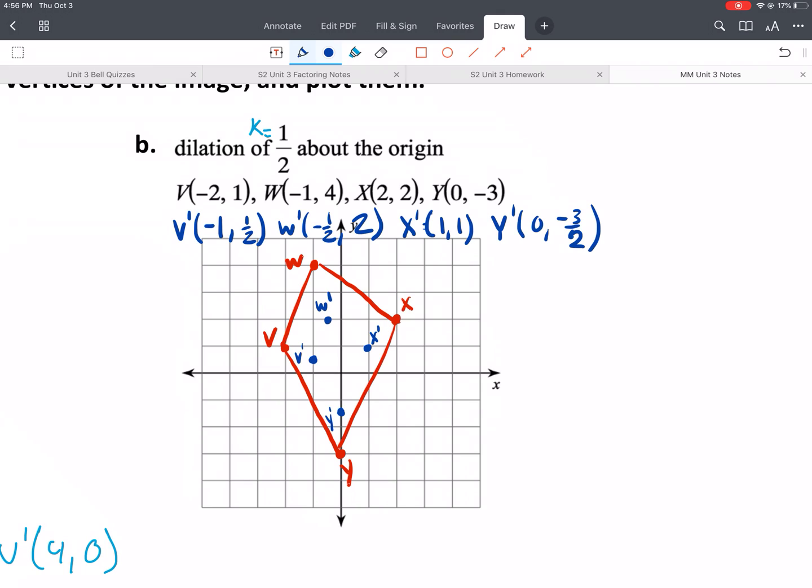We'd just connect the dots again. And we just found out half of this, maybe it's a kite, kind of that shape, is reduced by 1/2.